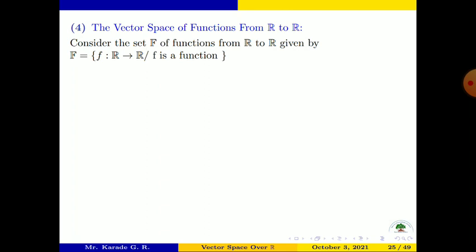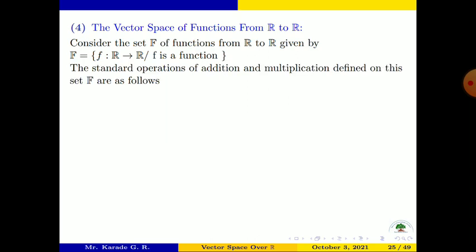So F is the set of all functions from the set of real numbers to the set of real numbers, means the set of all real valued functions with domain the set of real numbers. The standard operations of addition and multiplication defined on this set F are as follows.